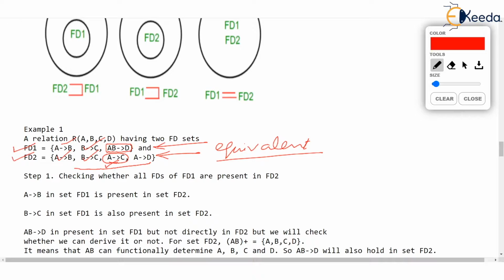That's what we call equivalence. By equivalence, we don't mean that every FD in the first FD set should match exactly the FD in the other FD set. Although some of them can match, some of them may not match. But the meaning of this FD is hidden somewhere in the second FD set. So that is what is equivalence of FD sets.